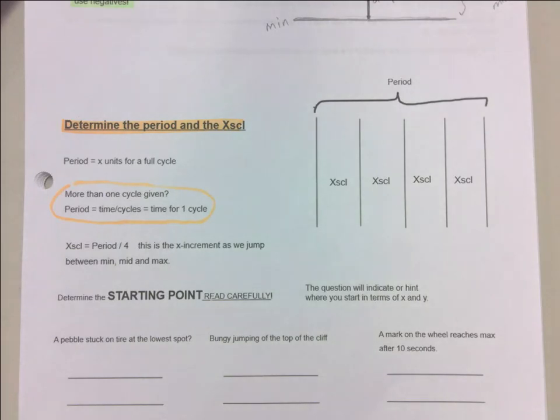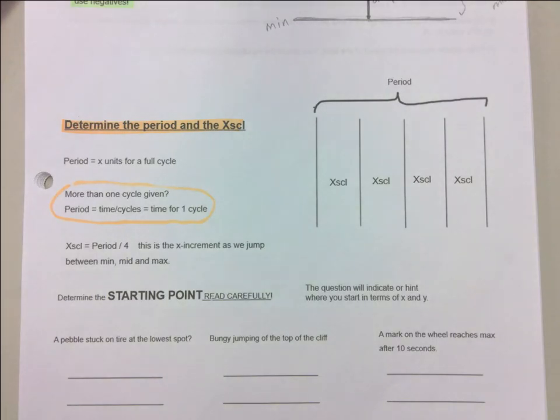So if it says this thing spins 10 times in 10 minutes, you're going to go 10 divided by 10, and then you figure out that one revolution is just 1 minute. So the period is really just 1 minute. Okay? That's what I'm saying. It doesn't happen very often. Most of the time it just gives you how long it takes for one cycle. But if not, that's what you need to do.